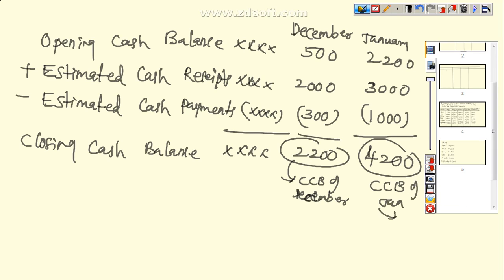So this will become the opening cash balance of next month. This is the cycle we have to follow. If it is month, quarter, or week, closing cash balance of the first month will become the opening cash balance of next month.